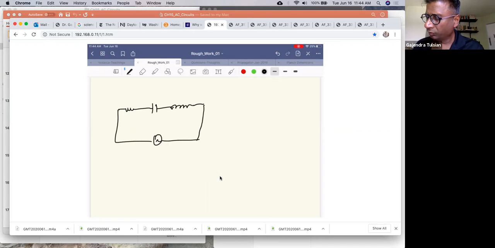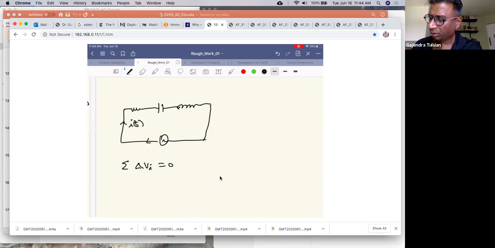Okay. So this is Kirchhoff's second law, and this is the current I(t), and this is V(t). So the voltage is V naught sine omega t. So what we're doing is we're starting at this point and going around like that.